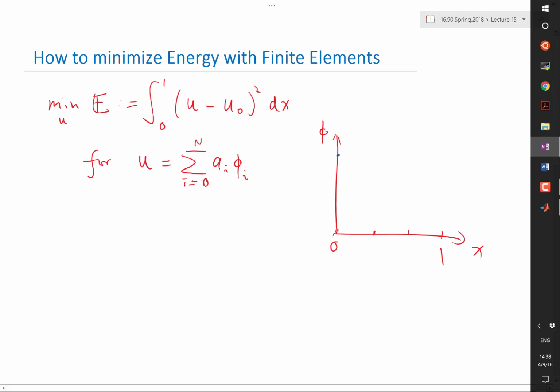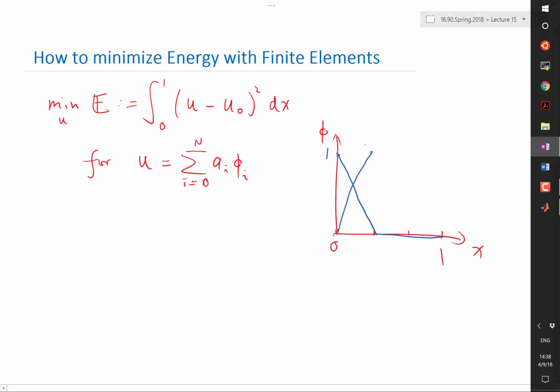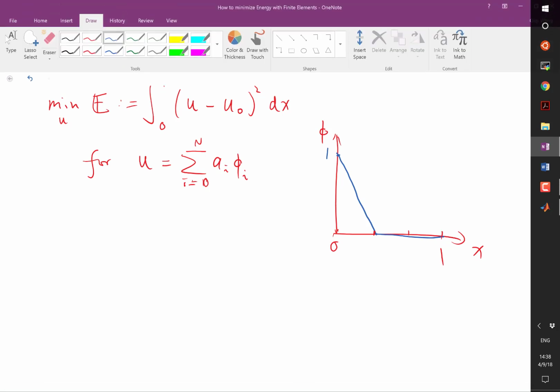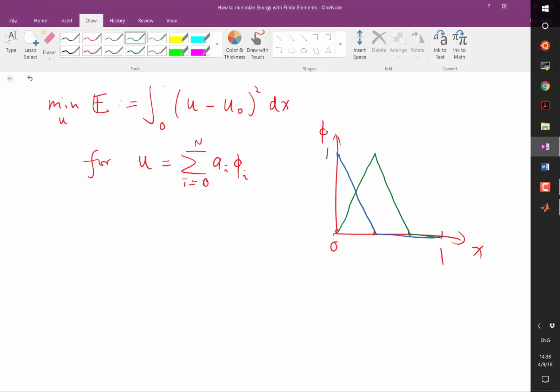So the first basis function goes down from 1 to 0 and stays 0 afterwards. The second basis function, I use green, goes from 0 up to 1 and then from 1 back to 0 and stays 0 afterwards.